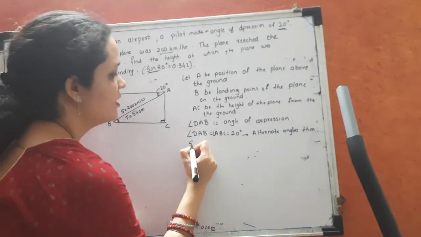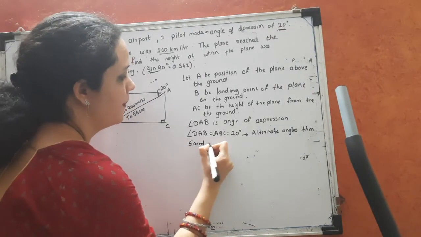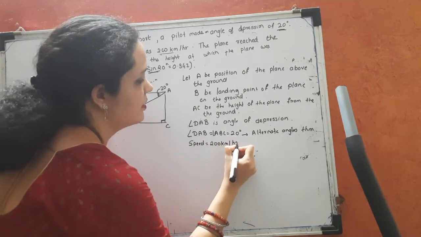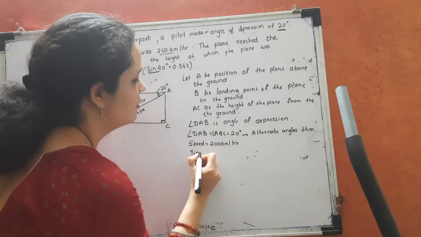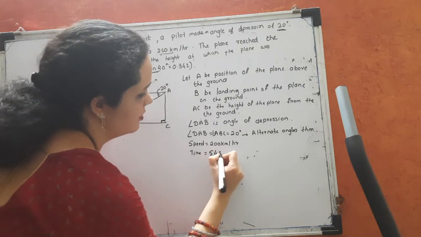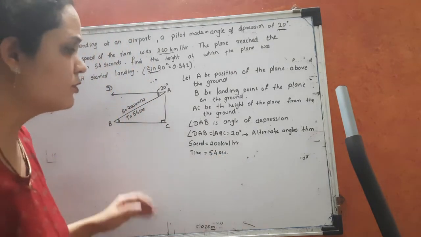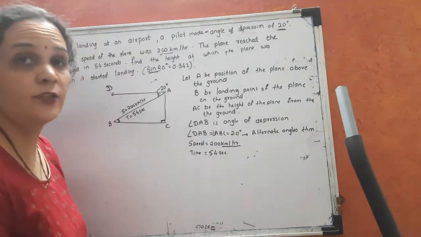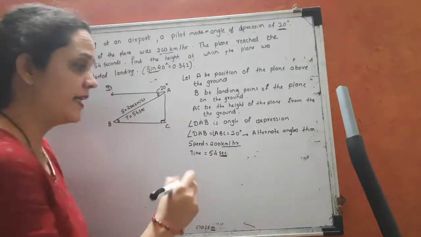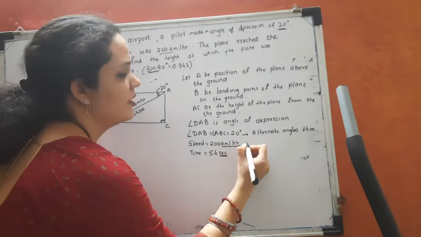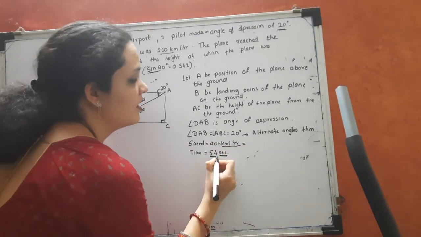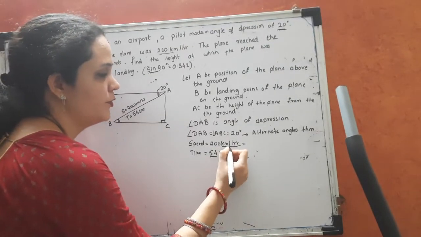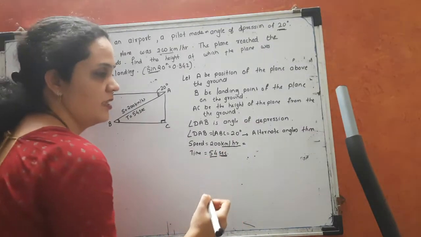Speed is 200 km per hour and time is 54 seconds. Look at the units: here the unit is kilometer per hour and here it is seconds. So either convert kilometer per hour into meter per second or convert seconds into hours. You should have consistent units to use in the speed, distance, time formula.